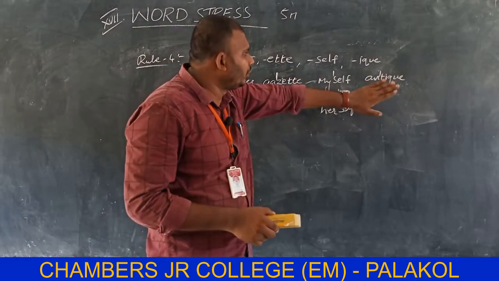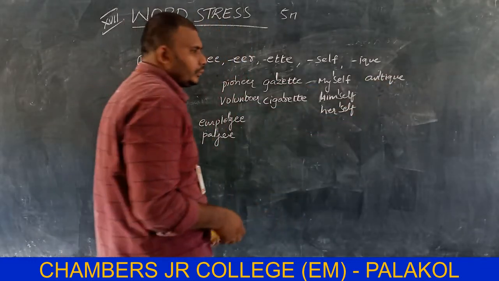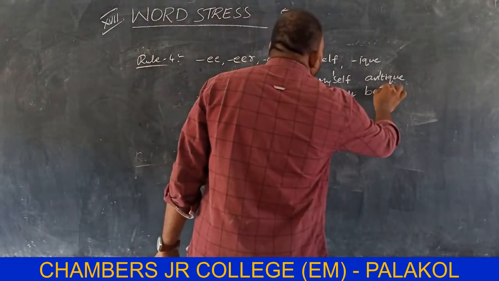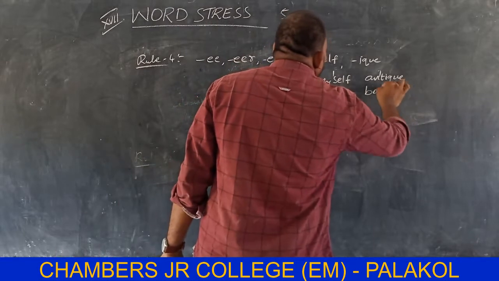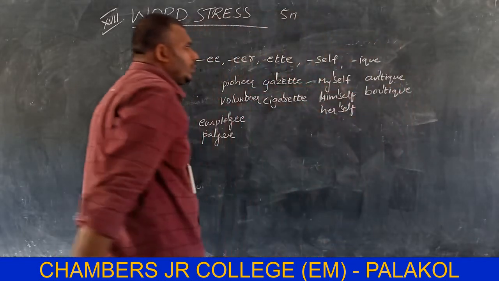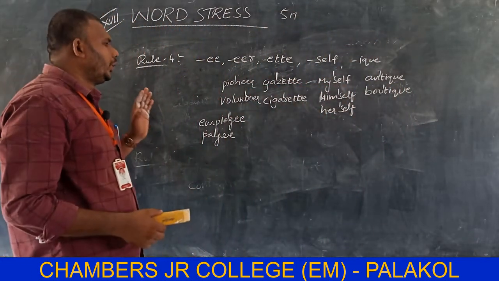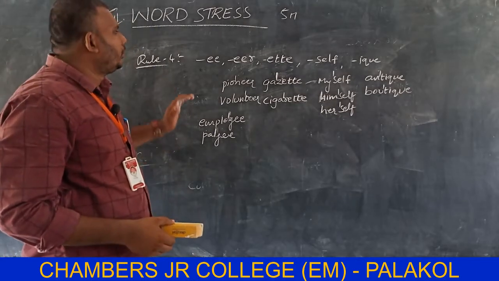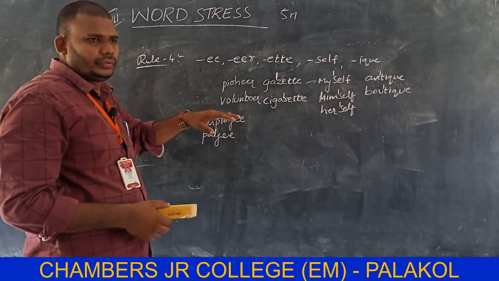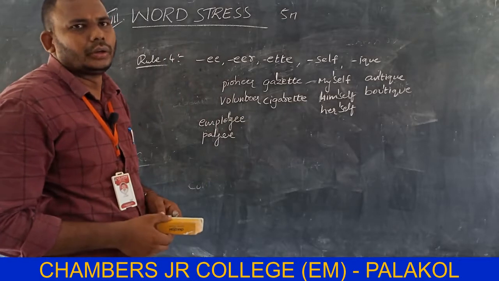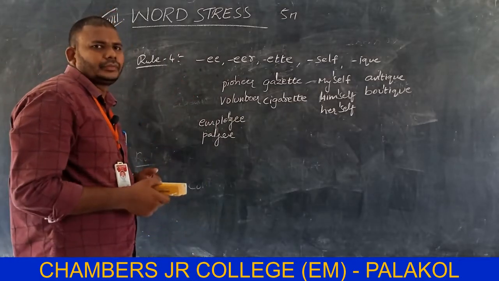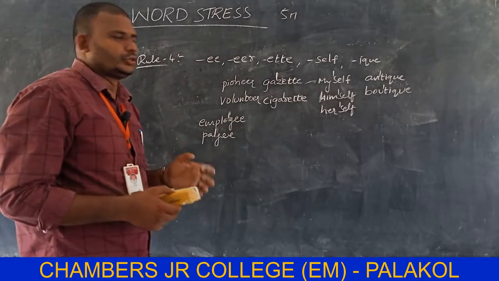The two rules are applied with the word antic, boutique, like this. So, if a word ends with one of these suffixes, we should put the stress mark on the last syllable. That is an important rule.